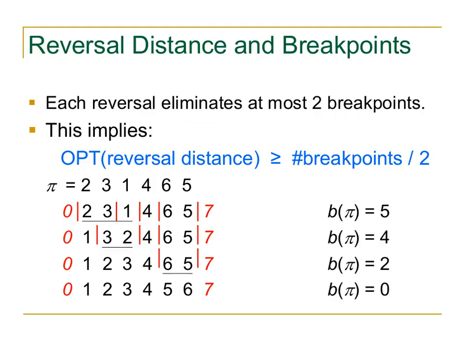A second reversal brings it down to 2, and a third reversal clears the last breakpoints entirely, giving us the identity permutation 0, 1, 2, 3, 4, 5, 6, 7. We've used 3 reversals in total, exactly matching our lower bound, 5 breakpoints divided by 2 rounds up to 3. This example shows precisely why OPT, the reversal distance, is greater than or equal to the number of breakpoints divided by 2.